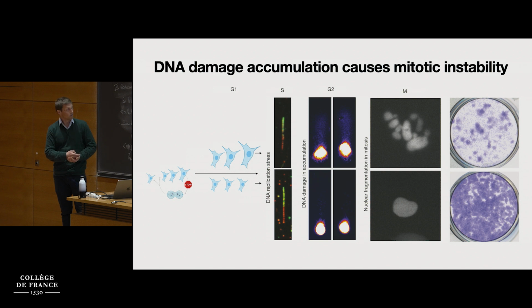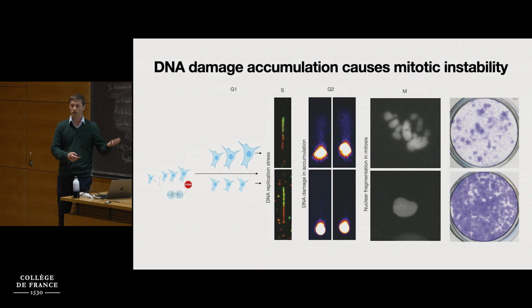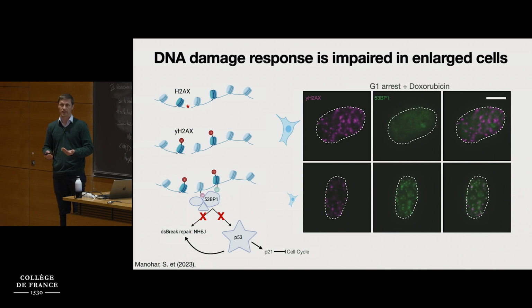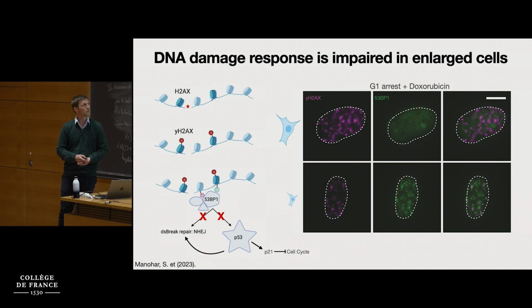And so we also identified one molecular mechanism that might underlie some of these behaviors. So Sandia found that a protein called 53BP1, which is an important protein in the repair of DNA double-stranded breaks, fails to go to double-stranded breaks in large cells. So in small cells, every double-stranded break, which is marked with a histone mark, gamma-H2AX, is usually followed by the recruitment of 53BP1.